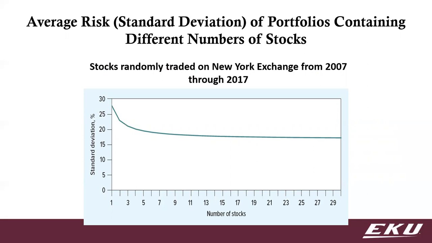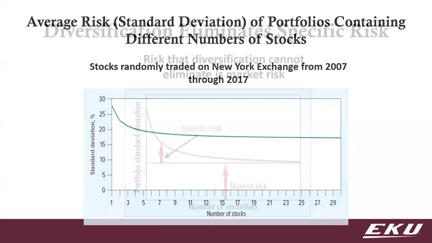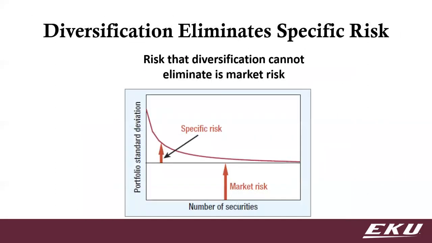That's because of the systemic risk that you can't get rid of, and then all those specific risks for each of the firms. So as you're adding more and more firms, you are removing some of that risk. And the larger this portfolio, the more of that risk is going away.